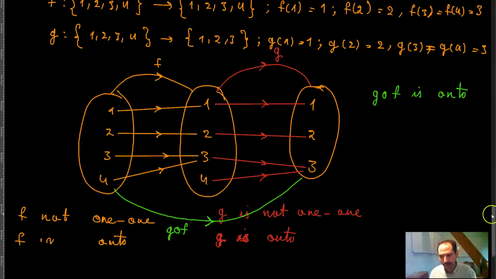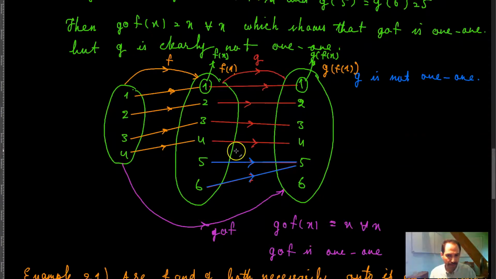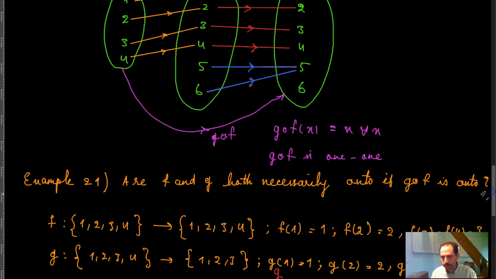When it comes to 1, 1, it's possible that the second function is not 1, 1, but still g∘f is 1, 1, right? So this is what you learn from these two exercises.